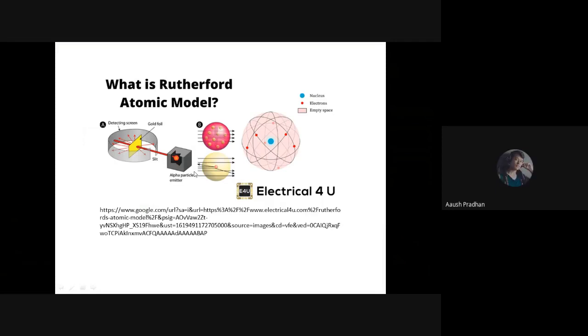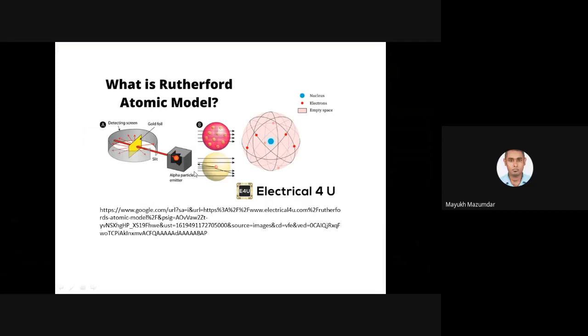Sir, the alpha particles were made to pass through the gold foil and its deviations were checked, sir. Yes, very good. According to that, sir, he proved that there were electrons and a large nucleus at the center, sir.